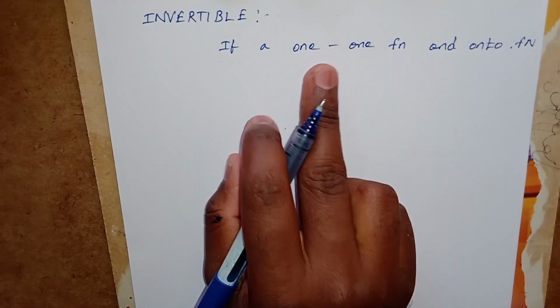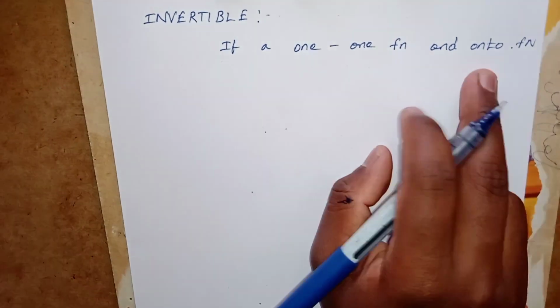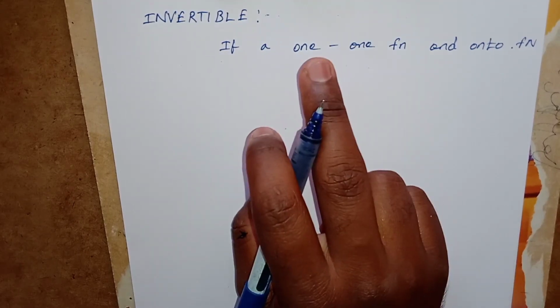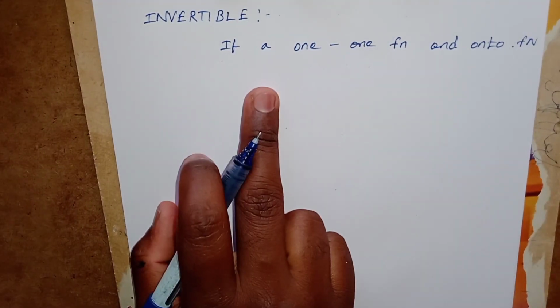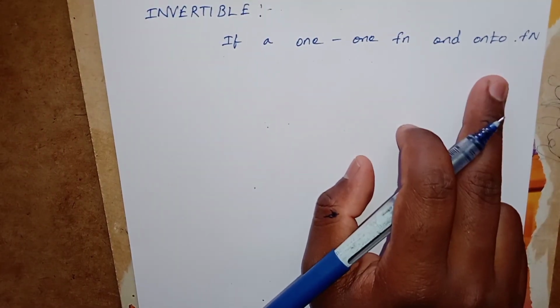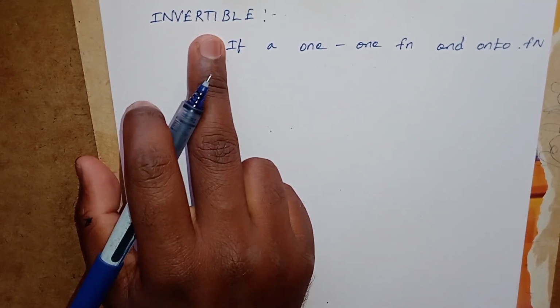Here one-one means injective, onto means surjective. If you satisfy both injective and surjective, you will get bijective. If it satisfies the bijective conditions, therefore it is an invertible function.